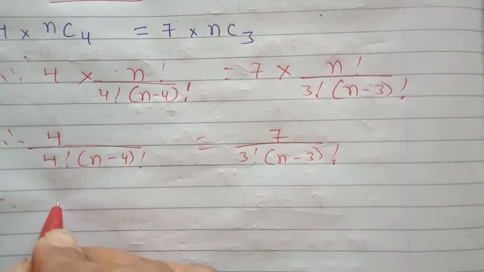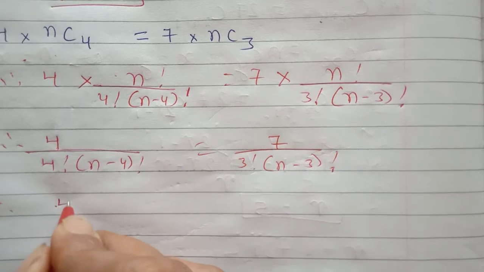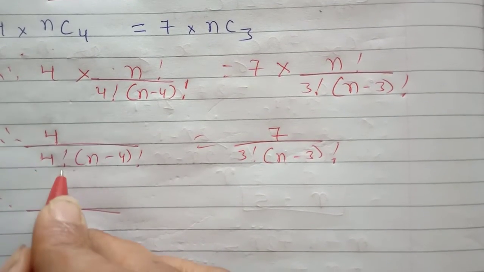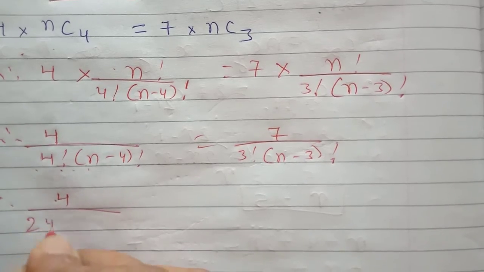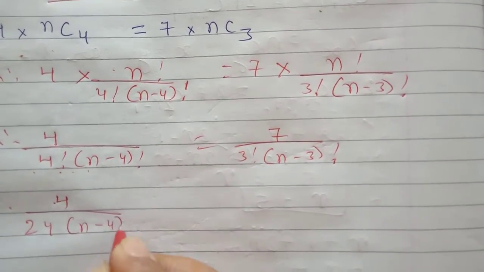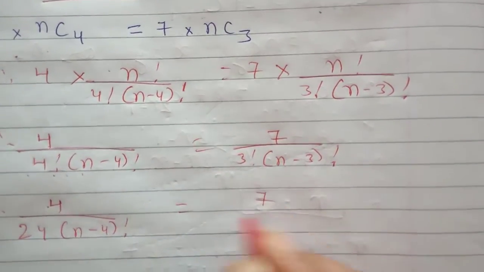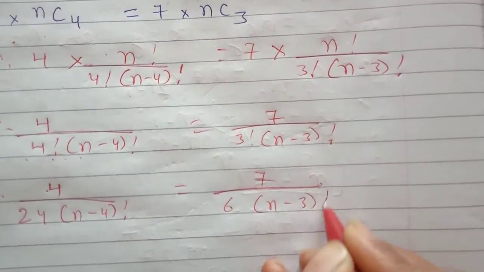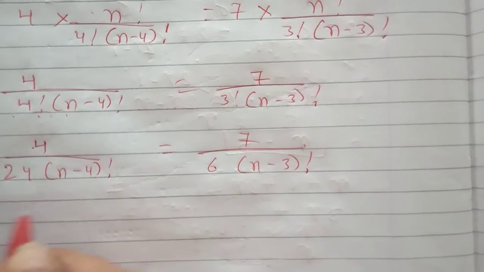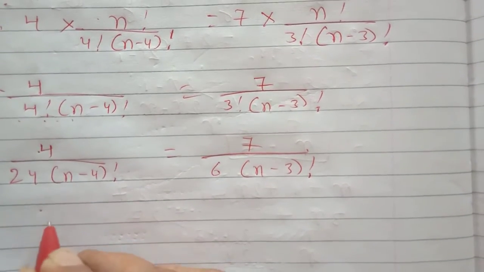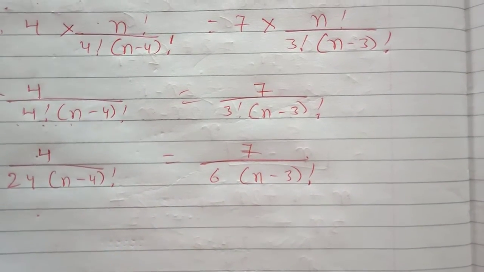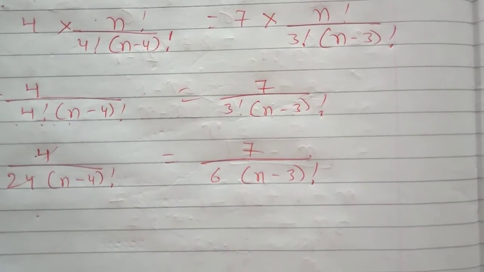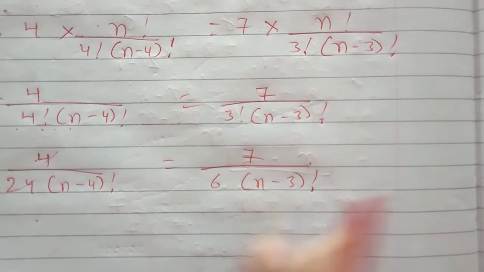Therefore, now 4 upon 4 factorial will expand, 4 into 3 into 2, that is 24, (n minus 4) factorial is equal to 7 upon 3 into 2, that is 6, (n minus 3) factorial. Therefore now here 4 and 24 is there, so it will get cut by 6, and here 7 and 6 is there, so nothing will get cut.